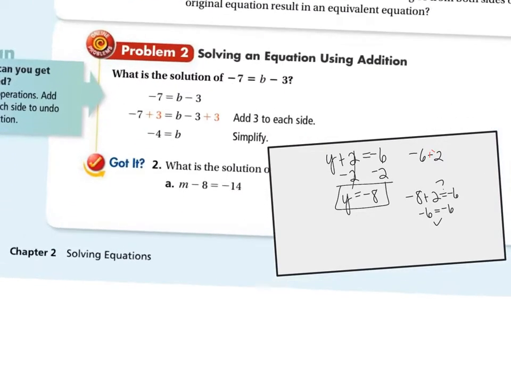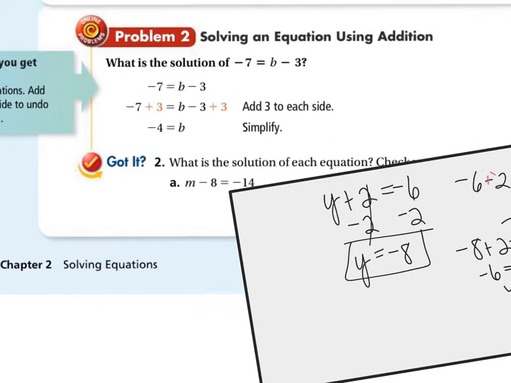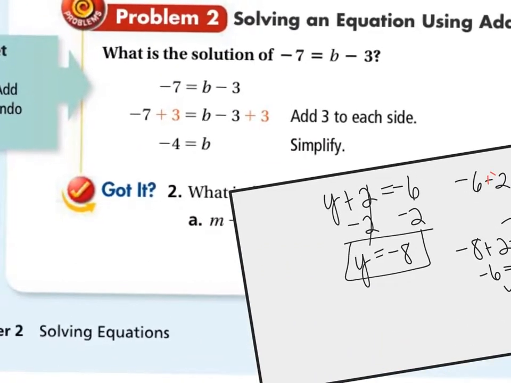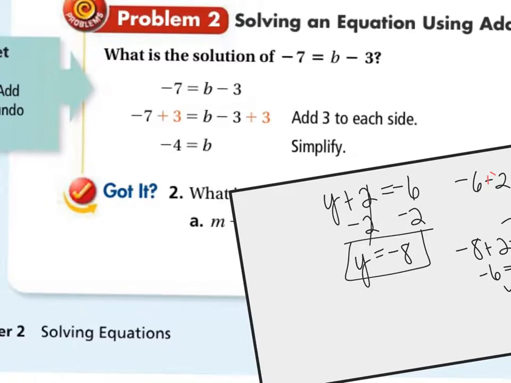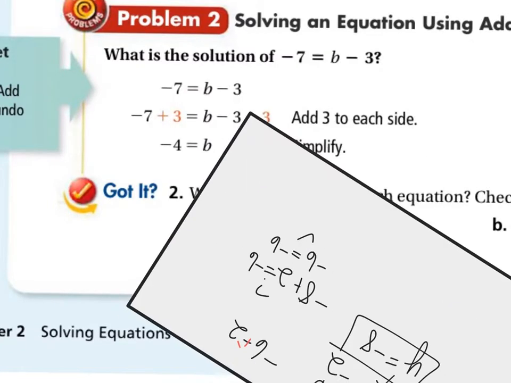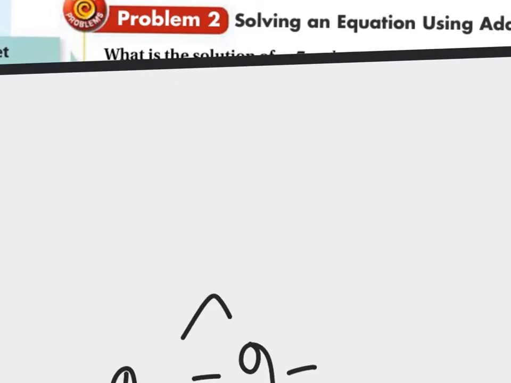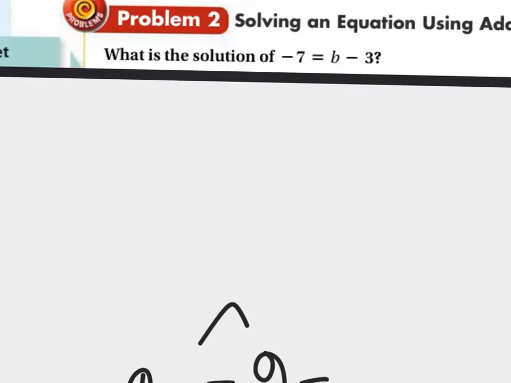So we look at problem 2. Similar idea. This one, they are subtracting with the variable. We need to add. One other thing I wanted to mention is that some people do not like to have the variable on the right side of the equation.